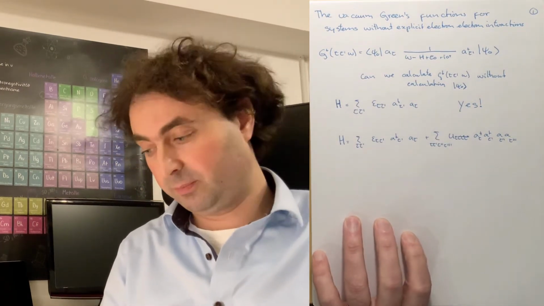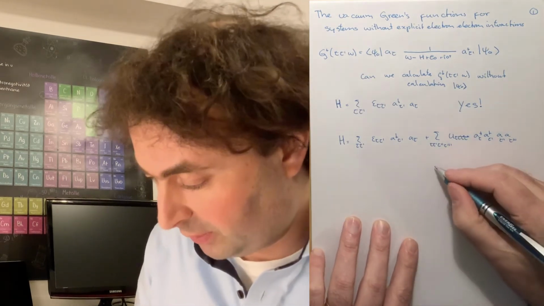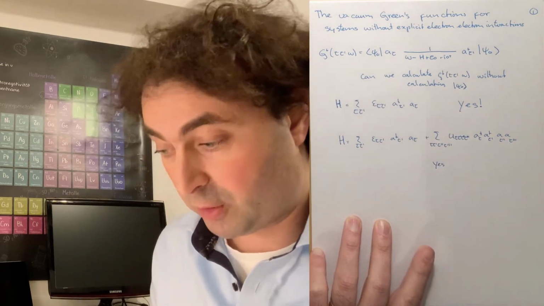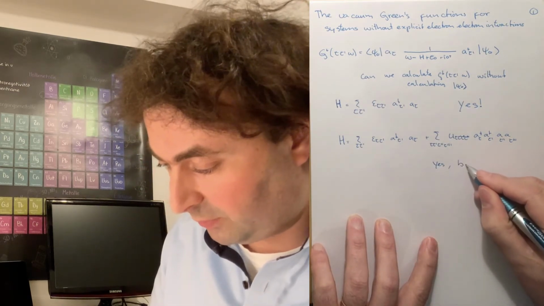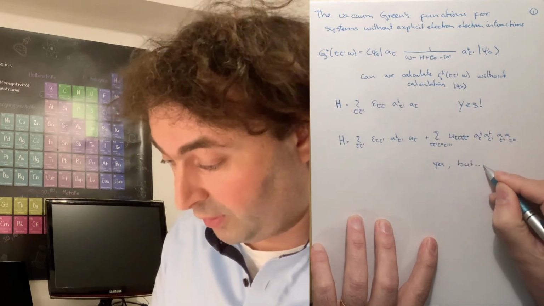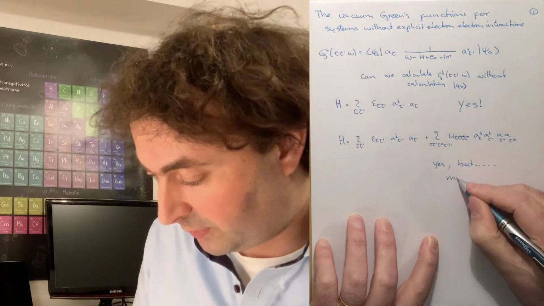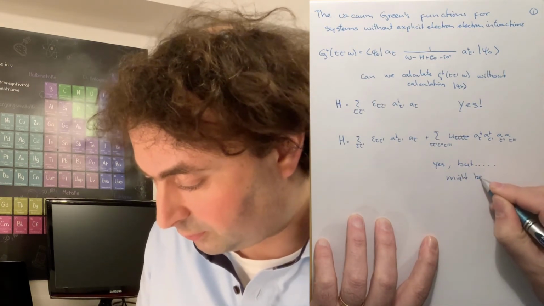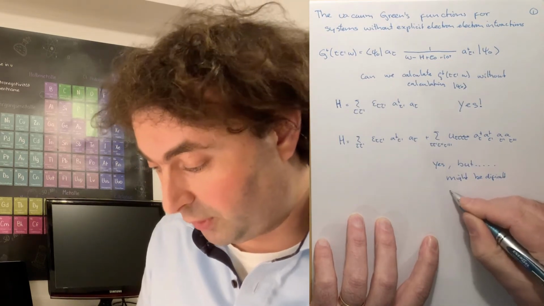Now, the good news is that even for Hamiltonians of this form, you can calculate the Green's function without the need to calculate the ground state wave function. But there is a big but. Might be difficult. It might be a lot of work.